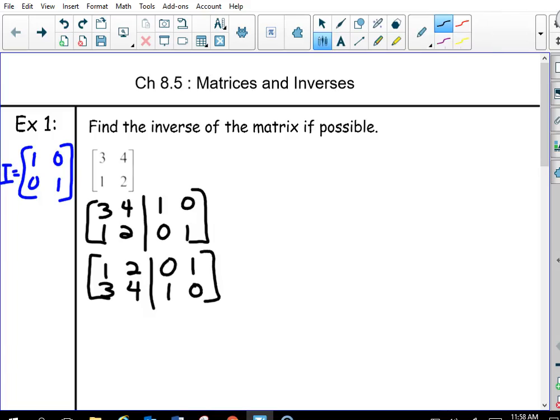Okay, so I've got a 1 in first column, first row, and I need a 0 in the first column, second row. The way I can do that is to take my first row and multiply it by a -3. And then I'm going to combine that with the second row.